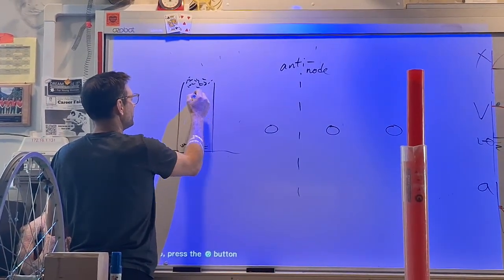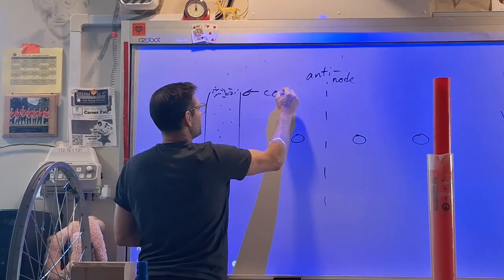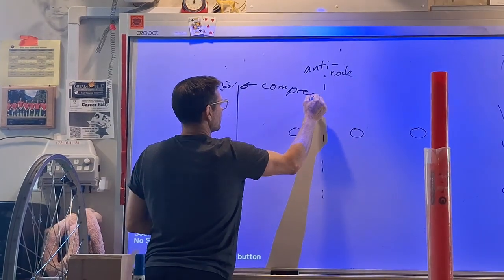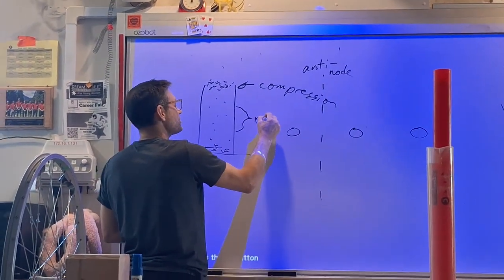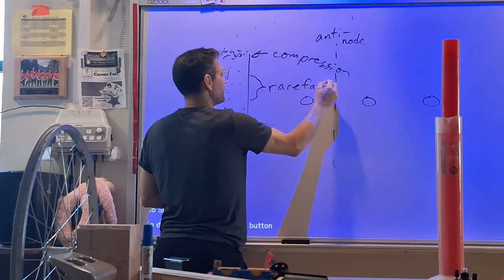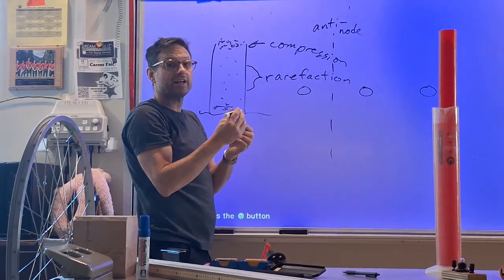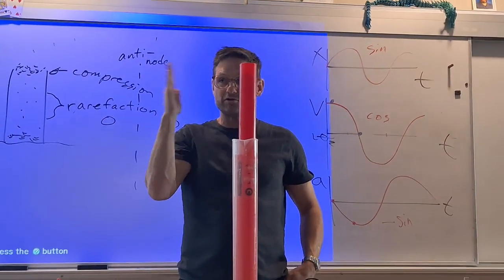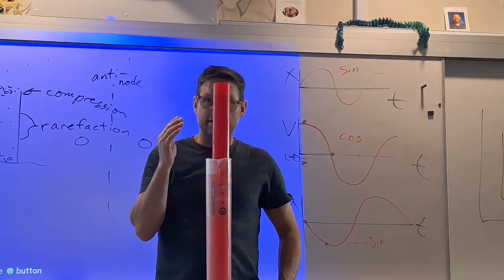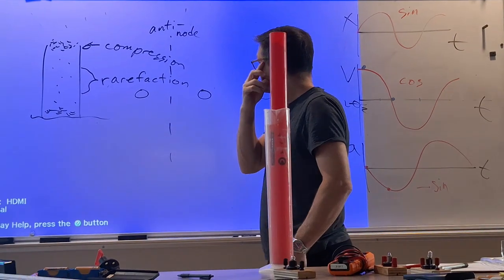This would be called a compression, and this part where it's stretched out is called a rarefaction. Then you have compression, rarefaction, and that's what makes sound. The compressed air hits your eardrum and just moves it. And then we have all these doodads in there to turn that into sound in our brain.